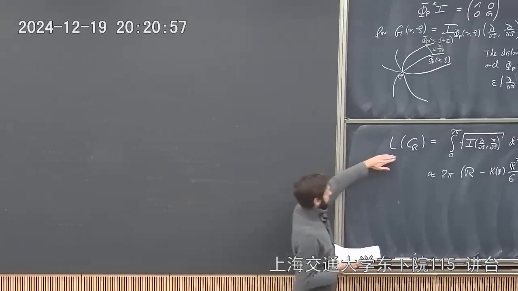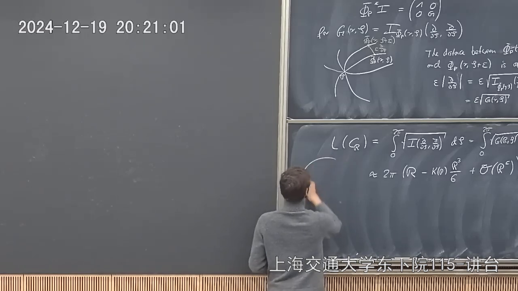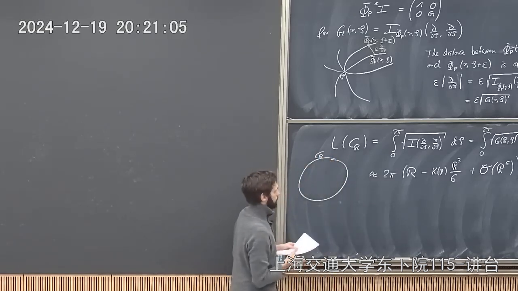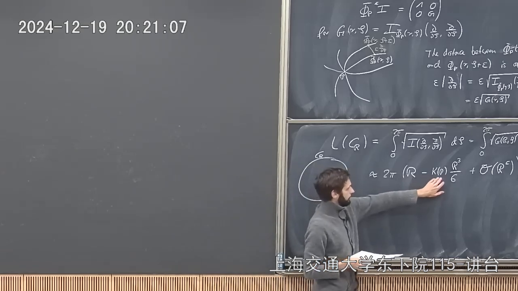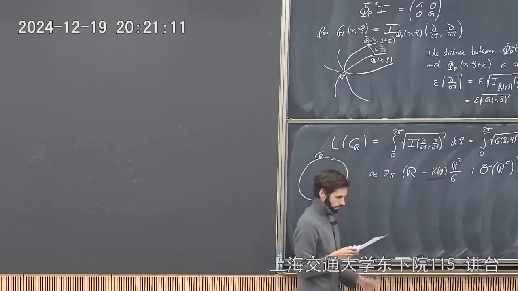So what you see is that the length of the circle, which depends on higher orders in r cubed, gives us the Gaussian curvature.